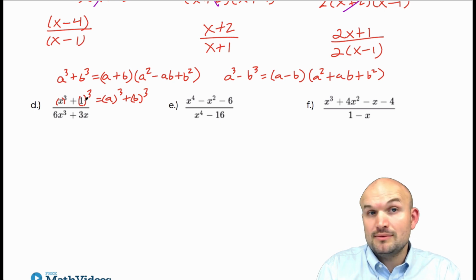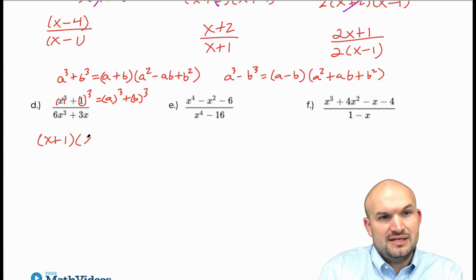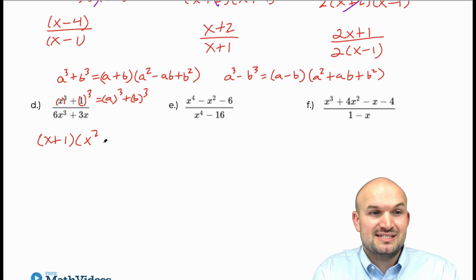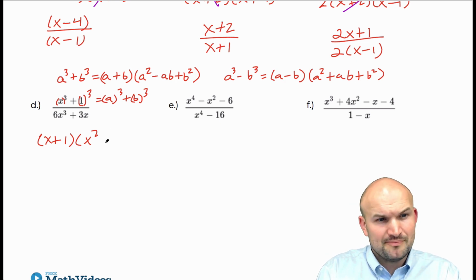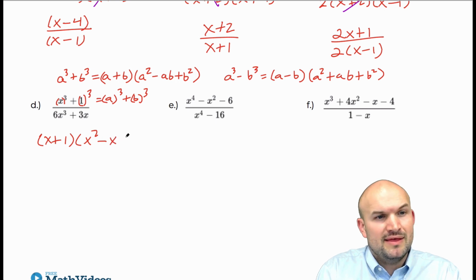You can write this in that form. Therefore the numerator would simplify to x plus 1 times x squared minus 1 times x, so that'd be negative x, plus 1 squared, so that'd be 1.